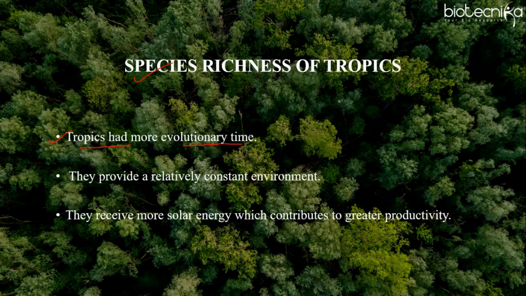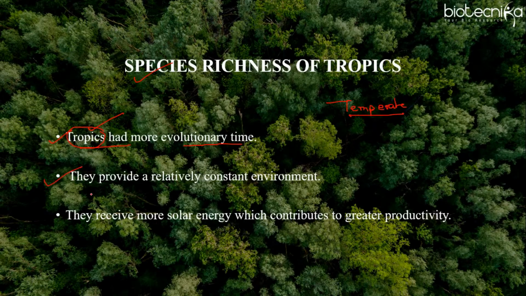When we compare tropical region with temperate region, the temperate regions are subjected to frequent disturbances like glaciations in the past, but tropical regions have not been disturbed. They remain undisturbed for millions of years, and as a result they had a very long evolutionary time for species diversification. This is the reason tropical regions are more rich in species diversity. They have greater biological diversity than temperate regions.